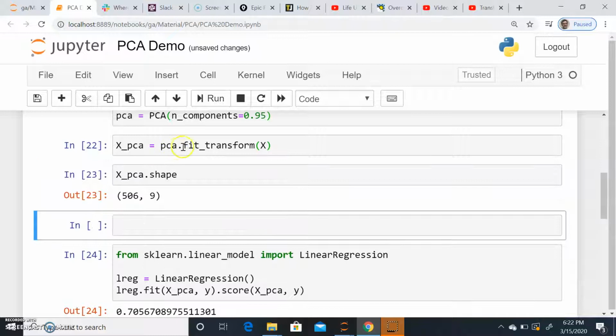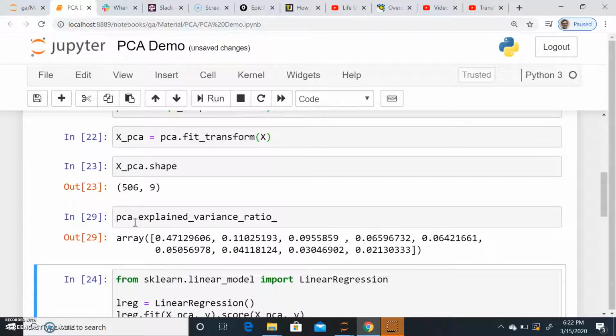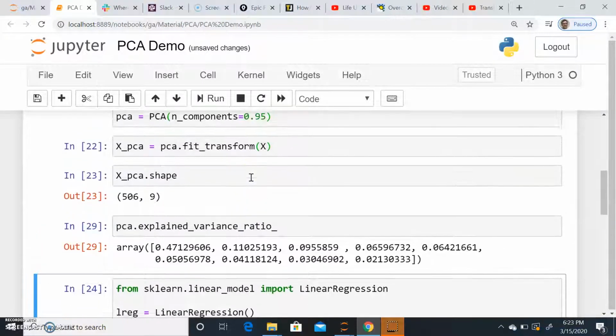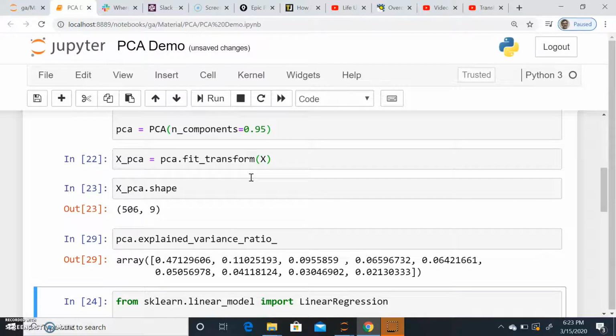You call PCA's fit_transform method, so you have this variable right over here, and then when you're done, you have this thing called the explained variance ratio, which basically means the first column contains this level of variance, the second column is this one, the third is this one, and so on. It's important to understand that the columns that come out of PCA are not your original data set.